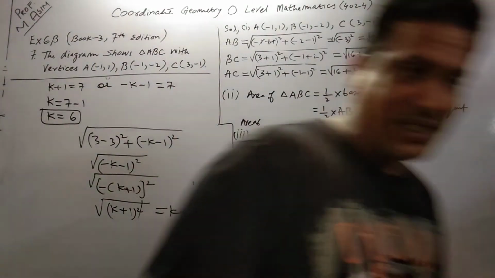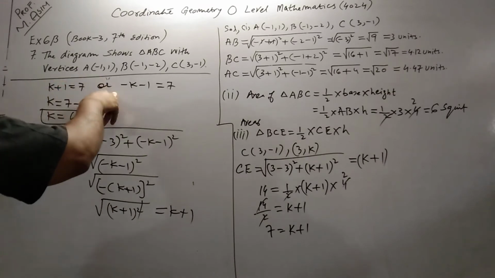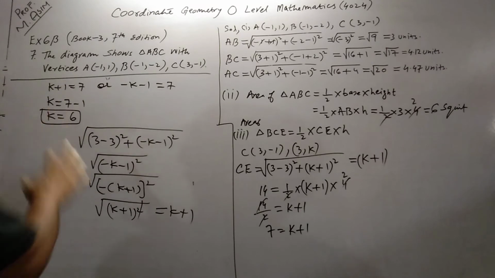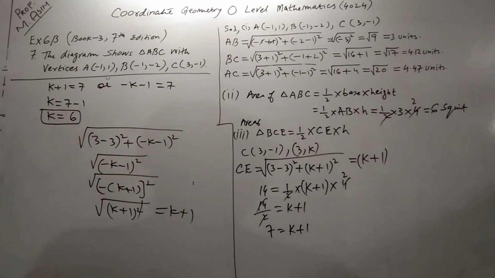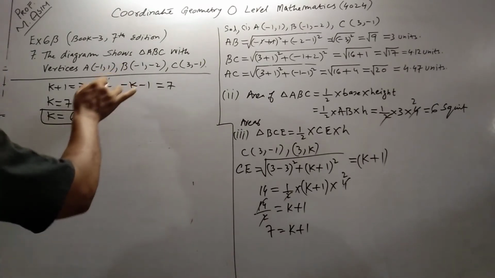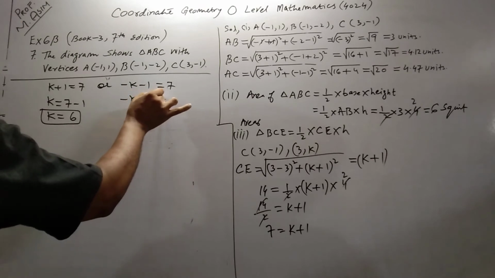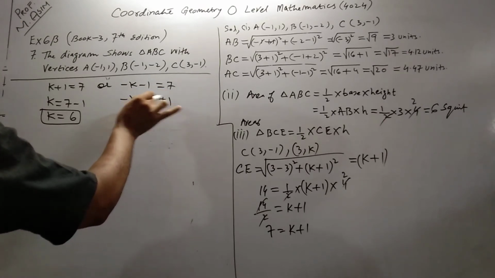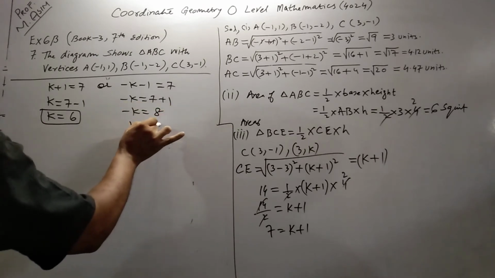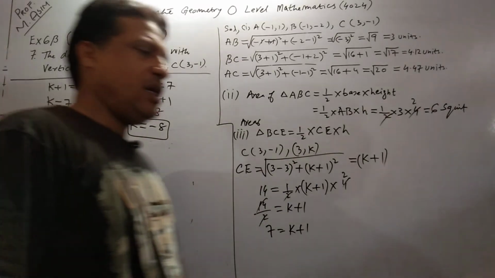It shows that k plus 1 or minus k minus 1 are both the same. I hope you understand the concept why I write k plus 1 is equal to 7 or minus k minus 1 is equal to 7, because these two are 100% the same. I proved it from the formula. Therefore minus k, move this minus 1 to this side. Minus k is equal to 7 plus 1 is 8, and k is equal to, move this minus sign to this side, the answer is minus 8.